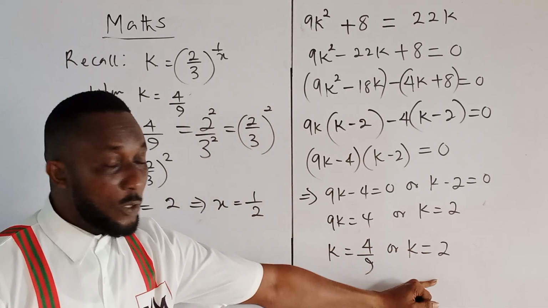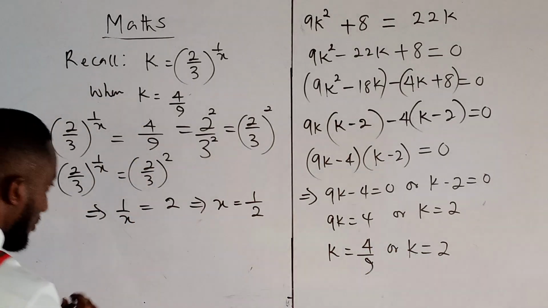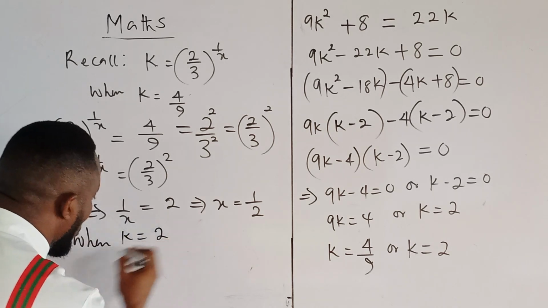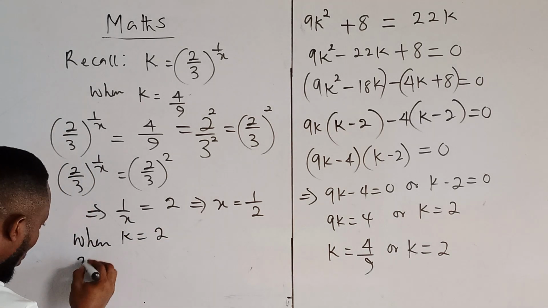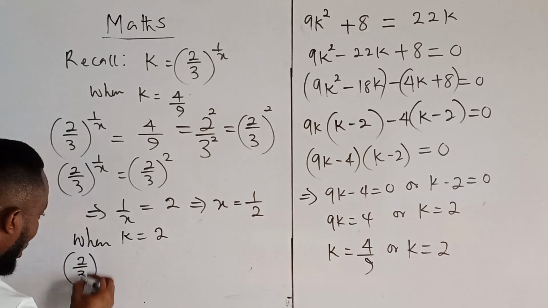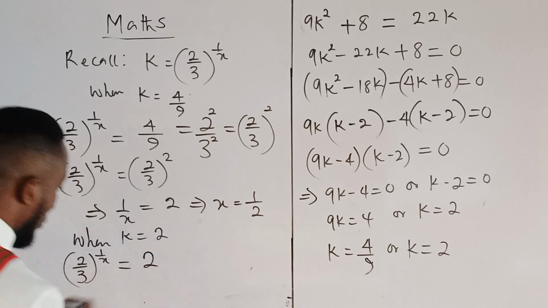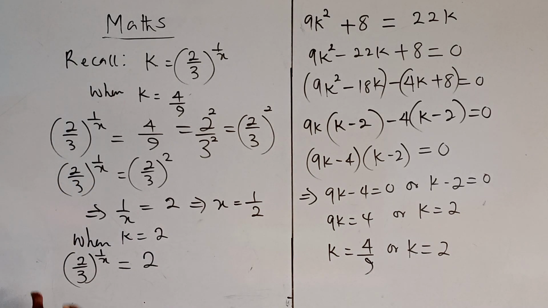Then, for the second case, when k is equal to 2, we are going to have (2 upon 3) raised to the 1 on x equal to 2. So here, the bases are not the same. It means that I should take the log of both sides.